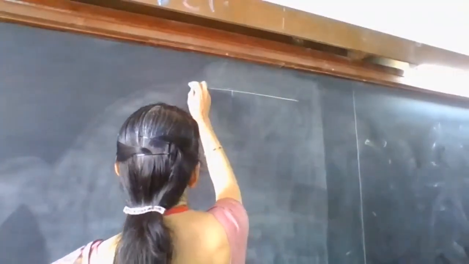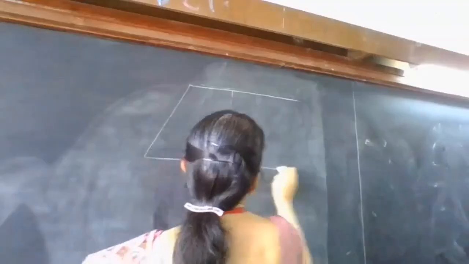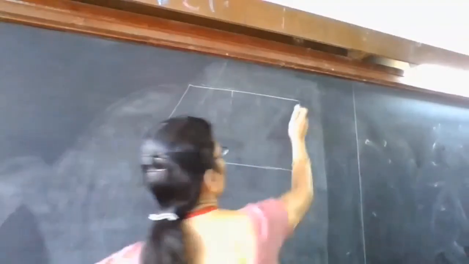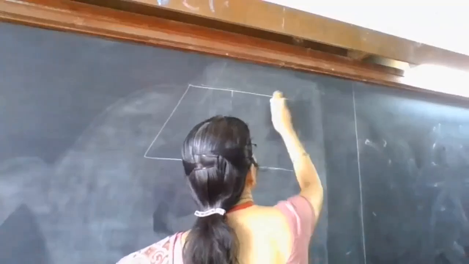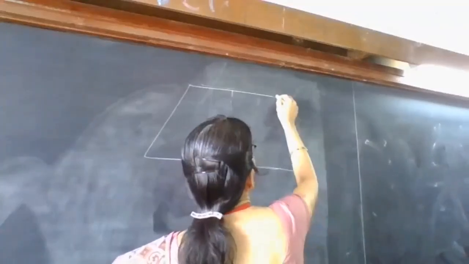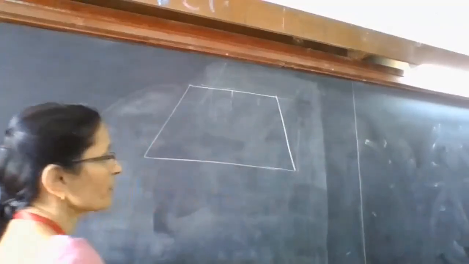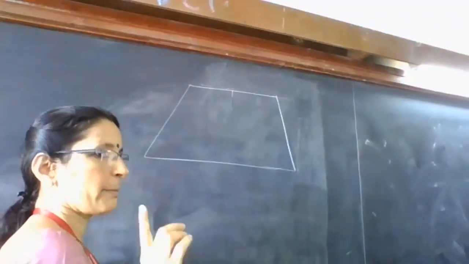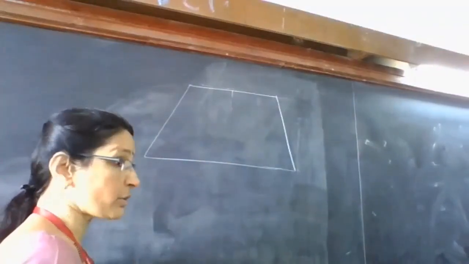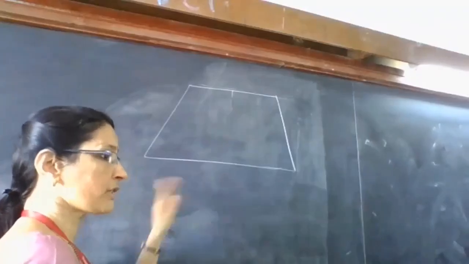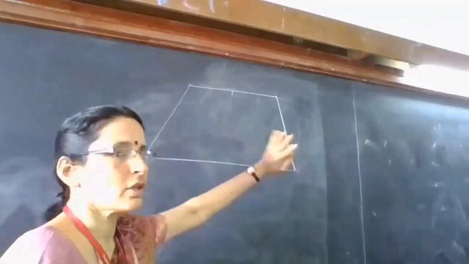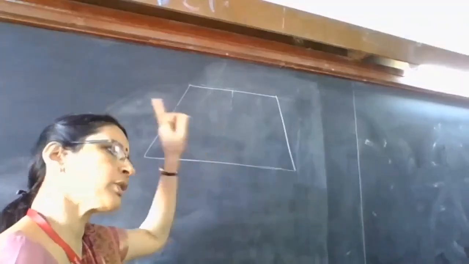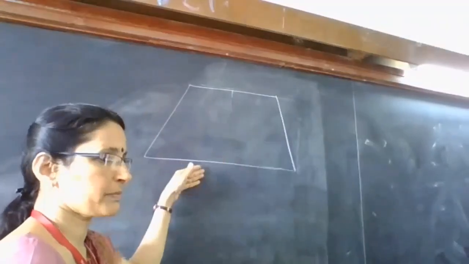So if I draw any trapezium, it can be like this also, or I can just make it this way. But observe only one parallel, opposite. They are not equal, remember. None of them are equal. These two also not equal. But considering only parallel, one set.